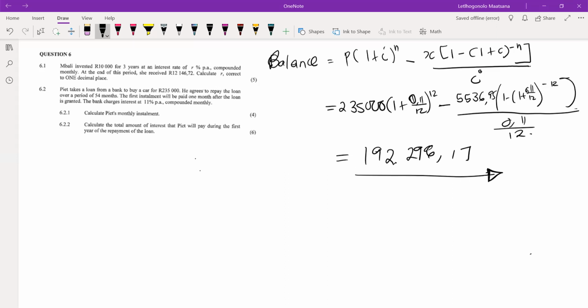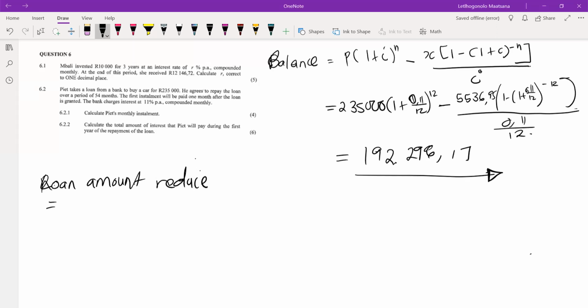So what we now want to know is how much of this money actually went into reducing the loan amount. So we want to know, how did our loan amount reduce? And how much of it went to the loan?